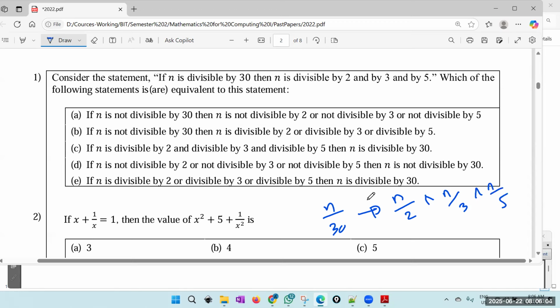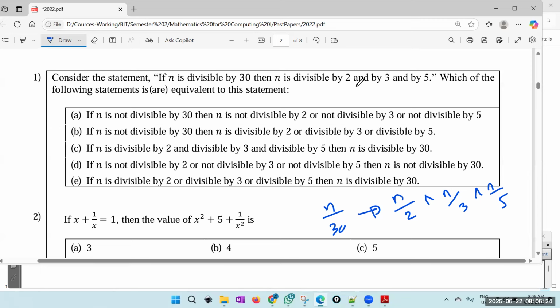Is it true? Yes, because 30 is divisible by 2, 3, and 5. Whenever n is divisible by 30, it is divisible by 2, 3, and 5. Right, correct. Which of the following statements are equivalent to the statement?